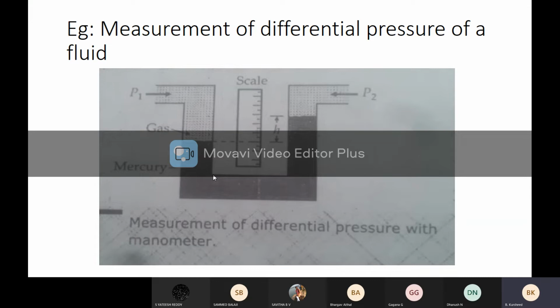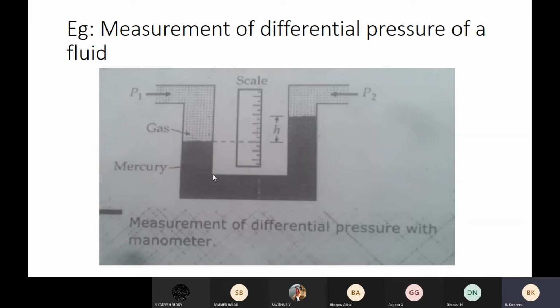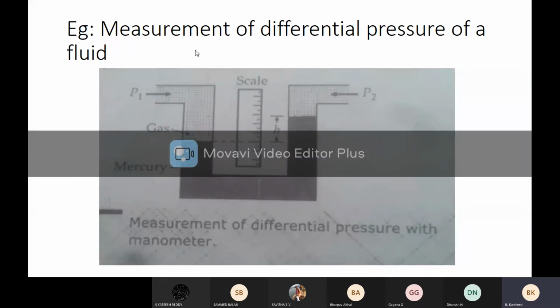The pressure is applied at the two ends of the U-tube, P1 and P2.